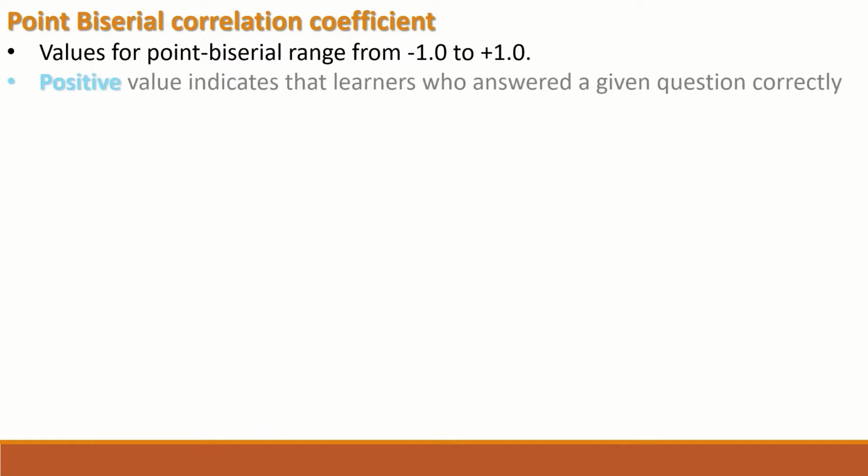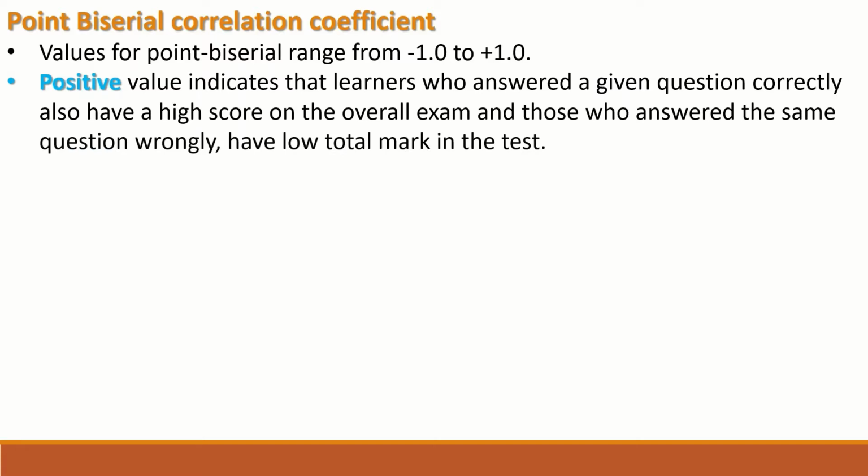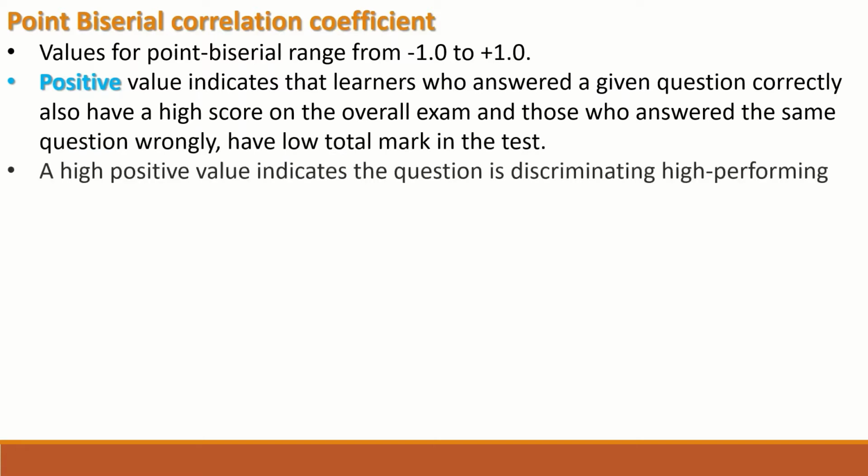Now, a positive value of the coefficient indicates that the learner who answered a given question correctly also has a high score on the overall exam, and those who answered the same question wrongly have a low total mark in the test.